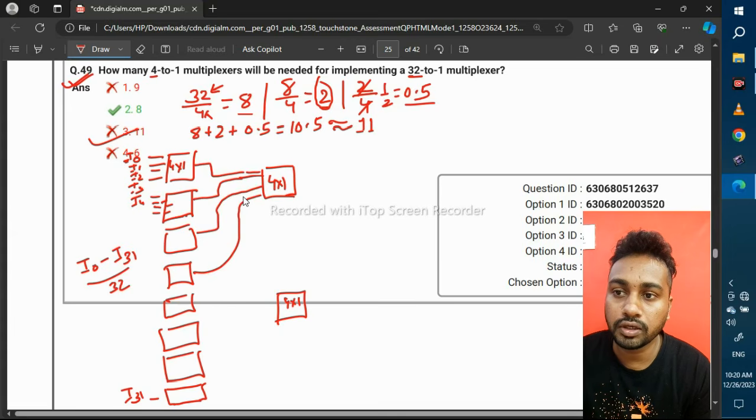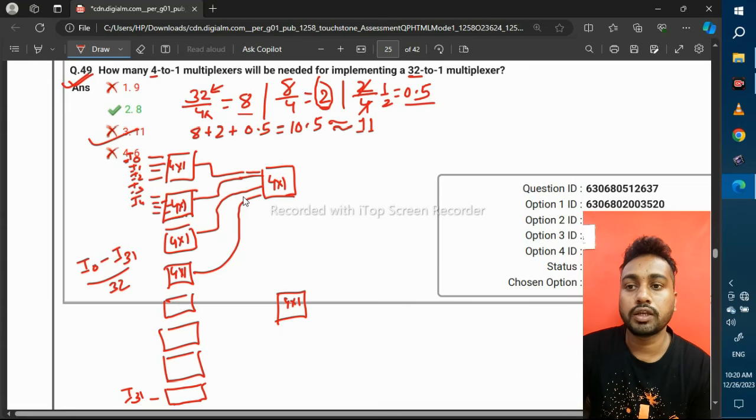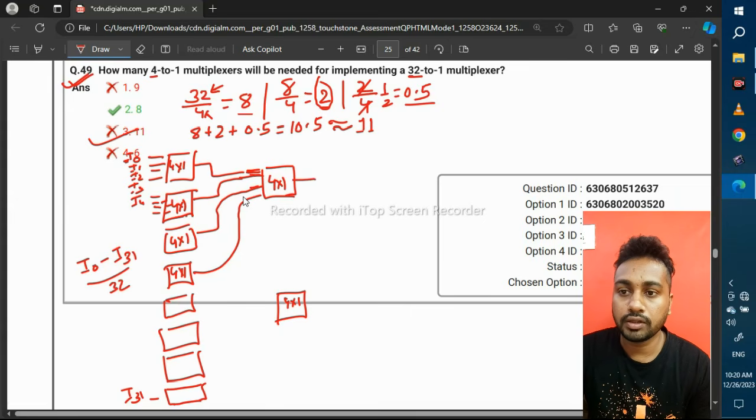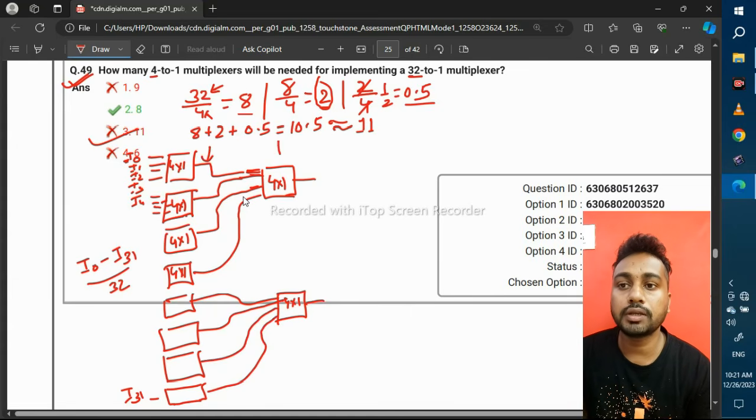All are 4 into 1, so each has 1 output. 4 into 1 means 4 inputs and 1 output, so all the outputs will be connected to the inputs. Same here also, 1 2 3 and 4. Now 1 output. So in the first stage 8 multiplexers, in the second stage 2 multiplexers.